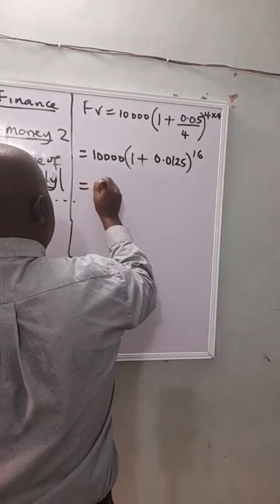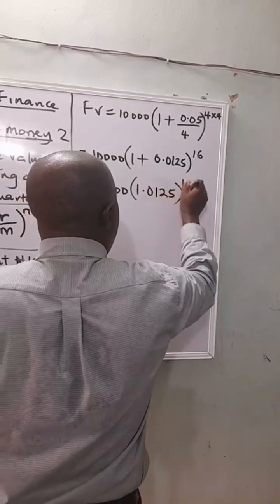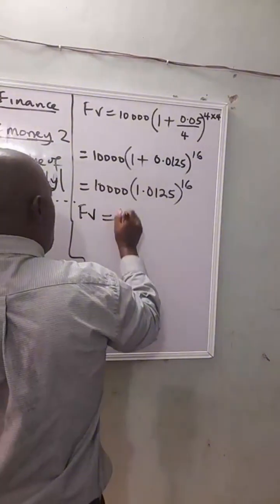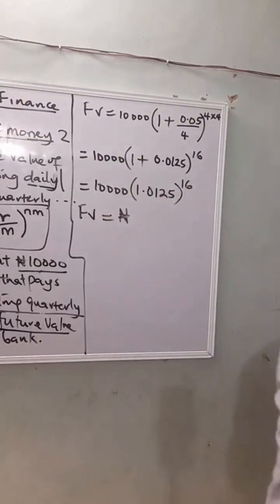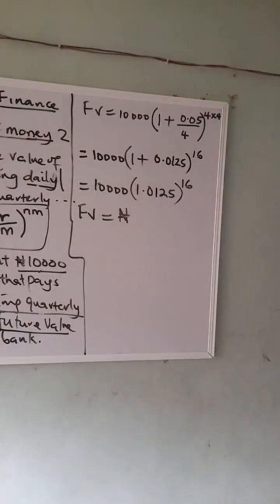So we have 10,000 into 1.0125, all raised to power 16. Our future value of money will be, I'll just press the calculator as we have been doing: 1.0125 raised to the power of 16, multiply the result by the 10,000 naira.